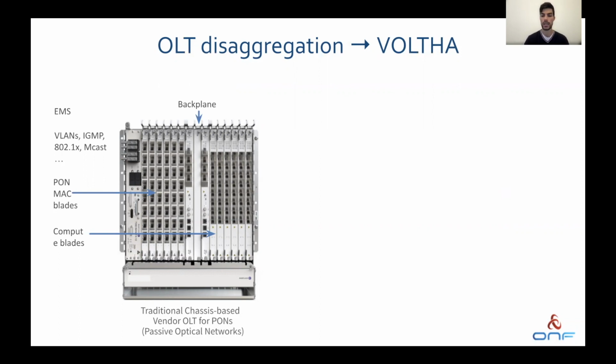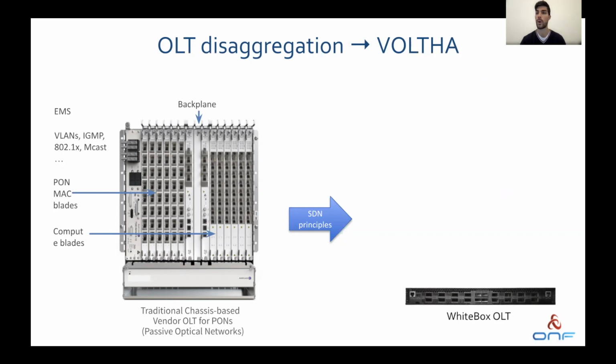So we at ONF decided to apply some SDN principles to this vertically integrated element, and came up with a solution that starts on the bottom with a white box OLT, with the spec published under the Open Compute Project.